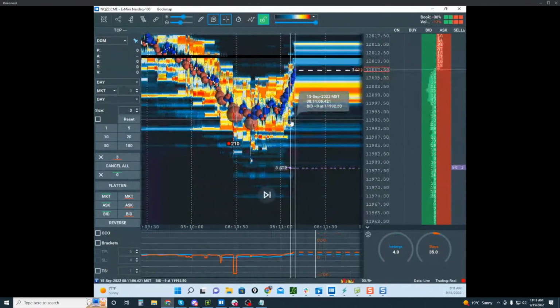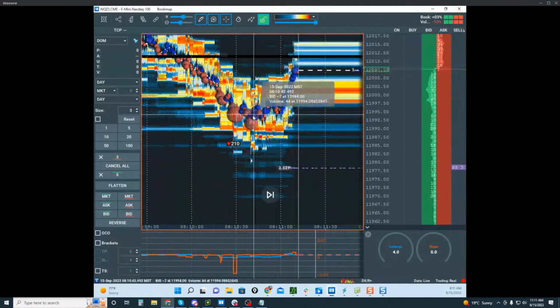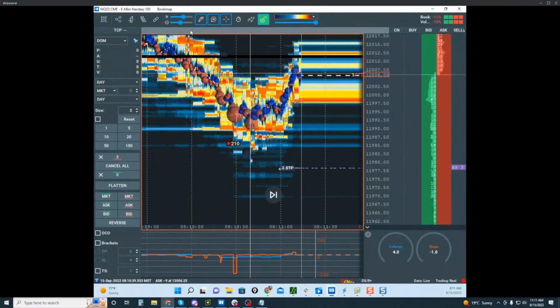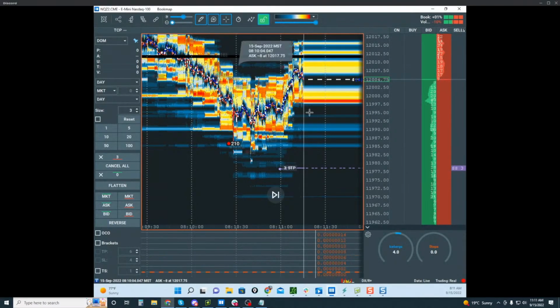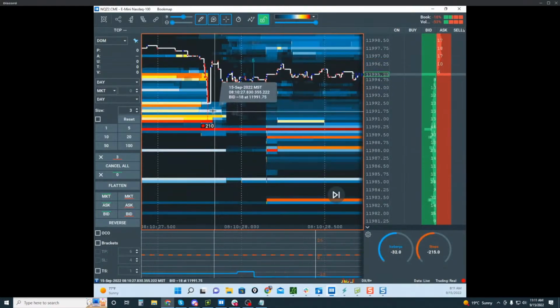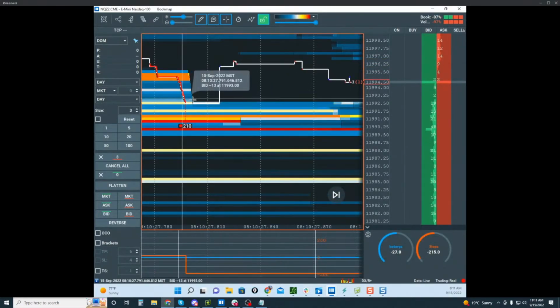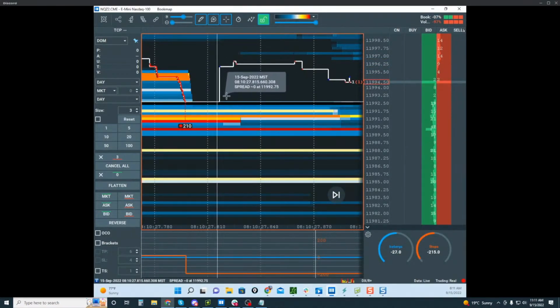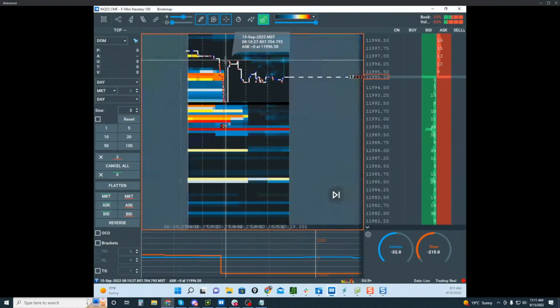All right, let's see if I can use my hotkeys here. So you can see these stops, you can see the red line, you can see the white line. I think that's correct.